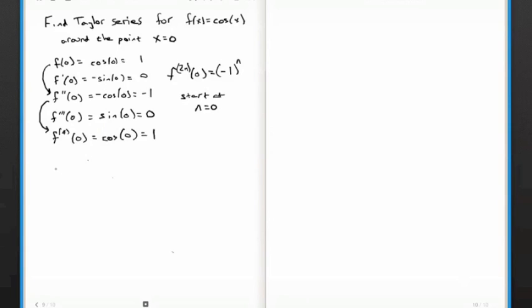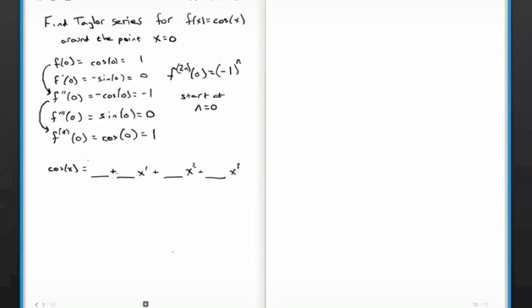So I remember when I write out these terms, I want to write out that the cosine of x is going to equal something plus something times x to the first plus something times x to the second plus something times x to the third.